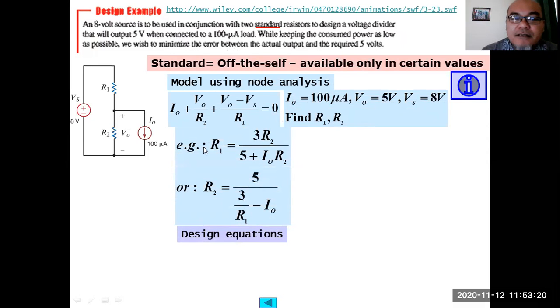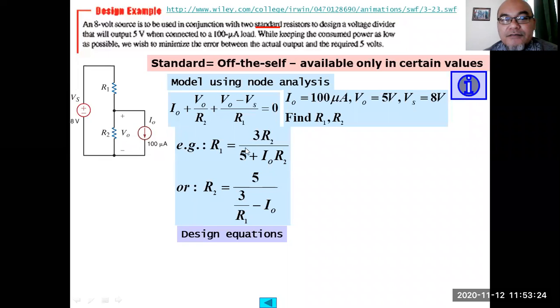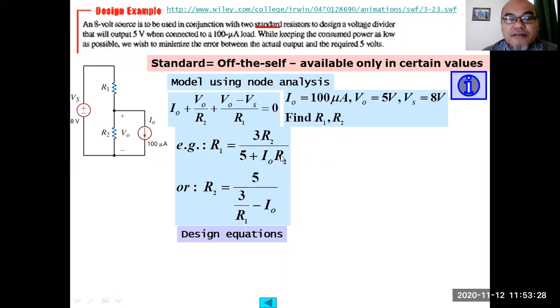So for example, R1 equals 3 R2 divided by 5 plus I output times R2, so R2 equals 5 divided by, this is the design equation, 3 over R1 minus I output. The power is made to be as low as possible.